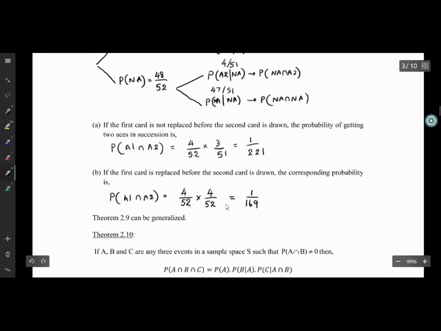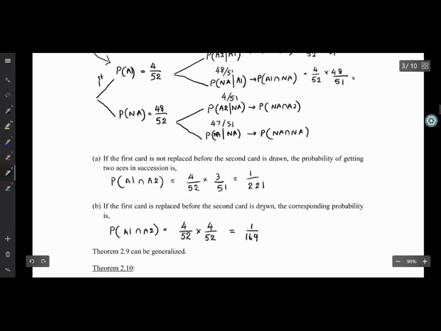So you can clearly see that when you pick cards with replacement and without replacement, you end up with 2 different answers. When you are doing it with replacement, since the original status is restored, whatever happened in the first pick does not affect the second pick. But if you do it without replacement, whatever event happened in the first stage will affect the probability of the second stage.